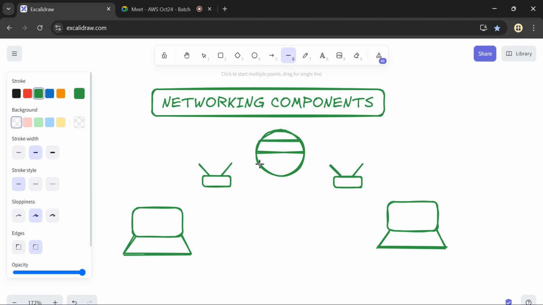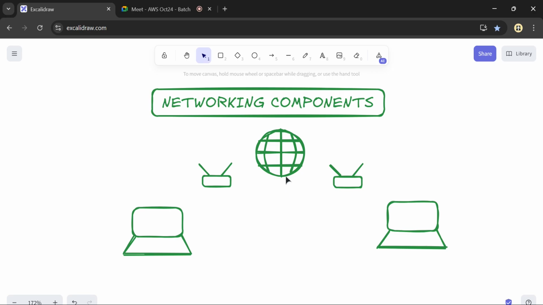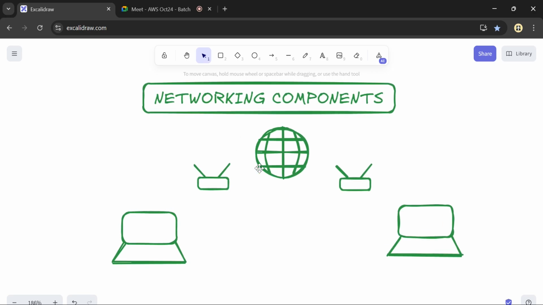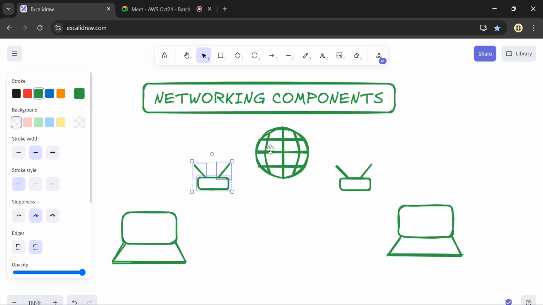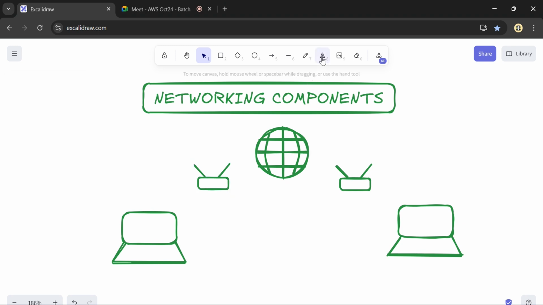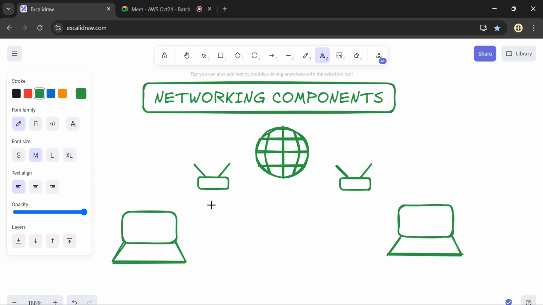So they provide the internet connectivity to the public internet. So this connection is done by the ISPs. Connecting the router to the public internet is being done by the ISPs, that is called internet service providers.